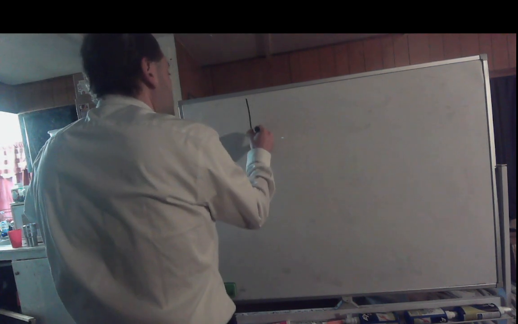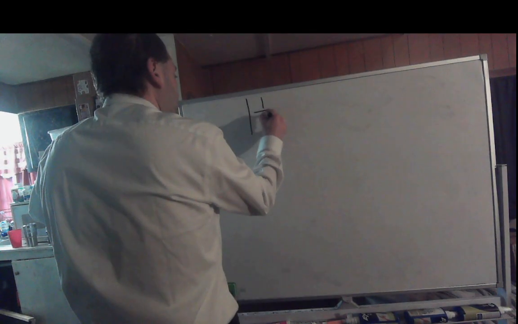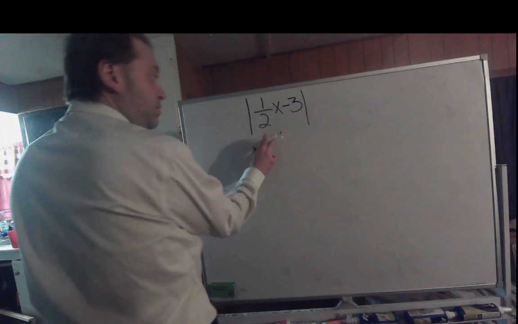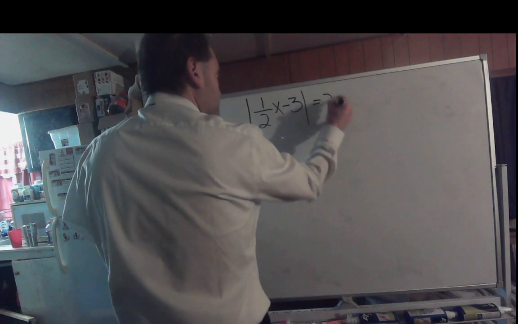One more equality, then we're going to do some inequalities. So then we have the absolute value of 1/2 x minus 3 equals 2.